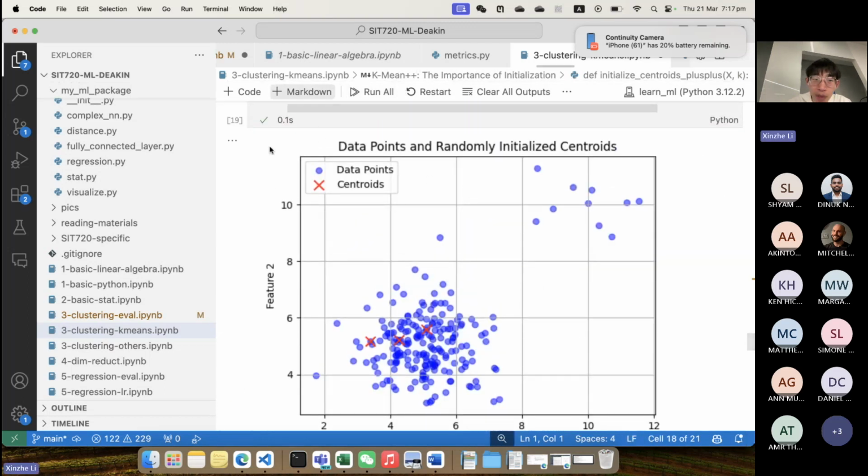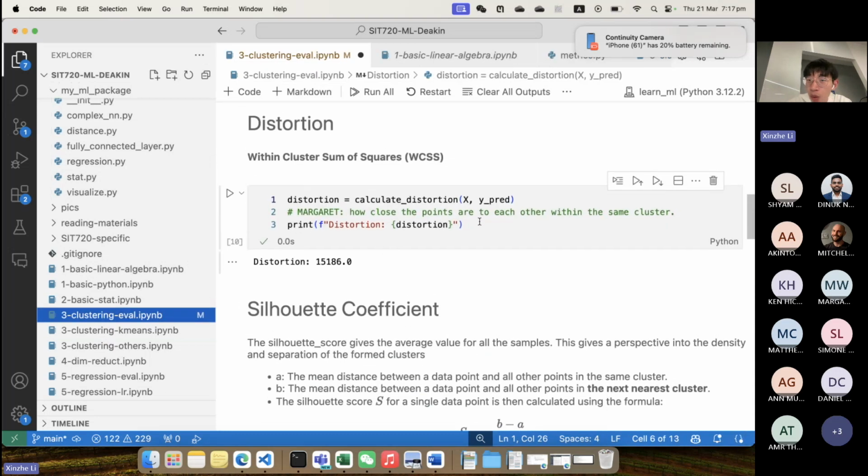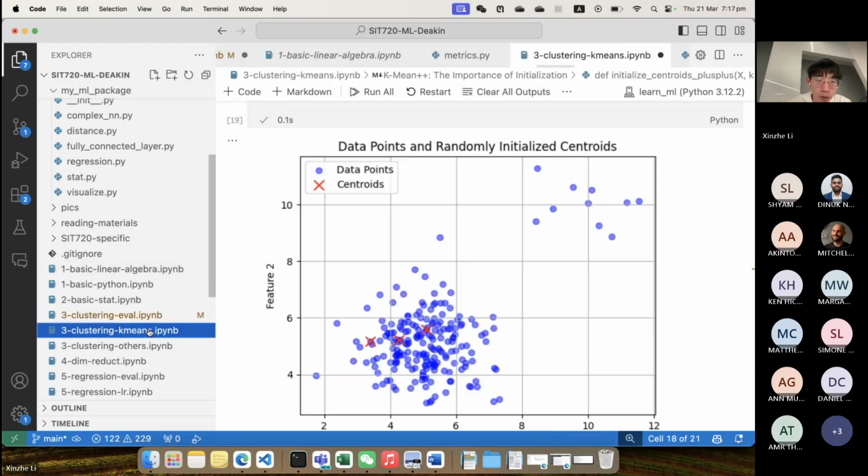We have some graph. Let me explain it to you. What's the distortion score? If the centroid is here, the distortion score for this cluster is computed relative to the centroid here.